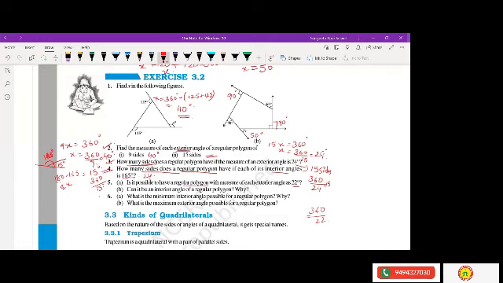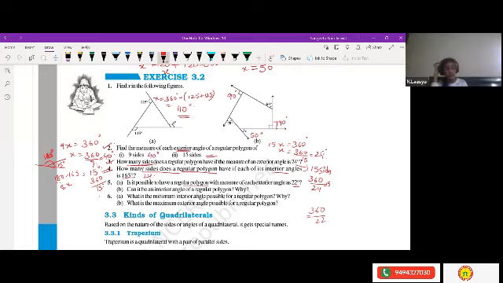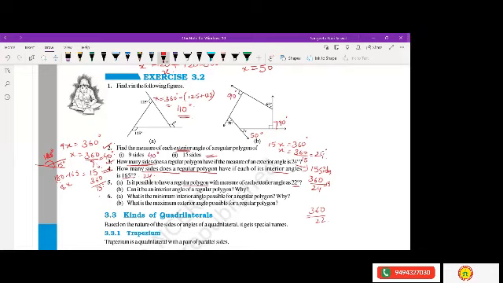Yes, what is the answer? Ma'am, I'm getting 180 by 11. 180 by 11. You are not getting any integer value, no? No, ma'am. See, any number of angles cannot be half or some fraction. We don't take angles in decimals and fractions.